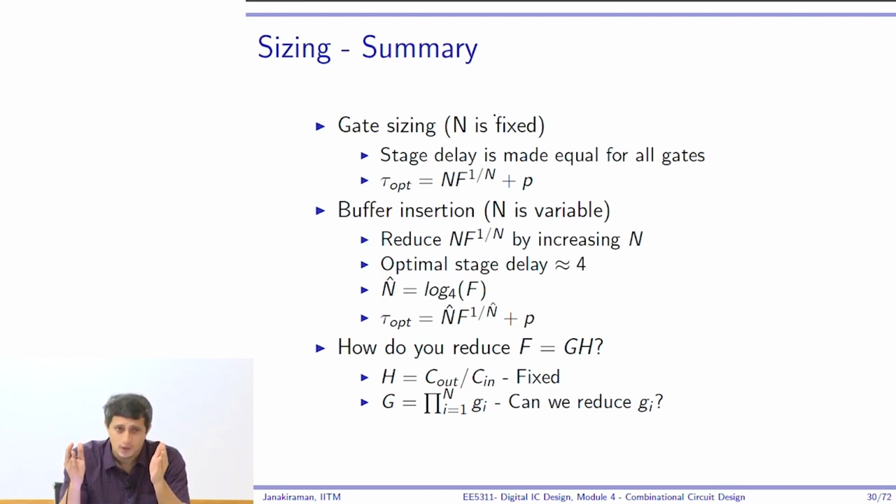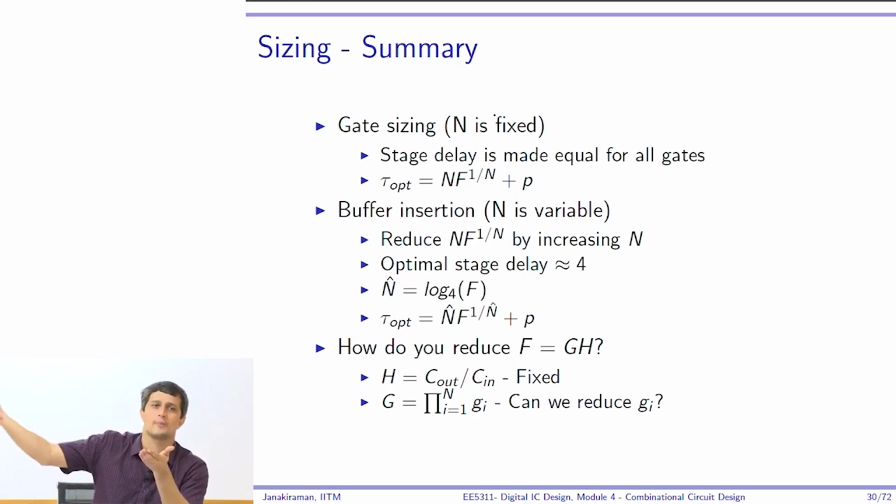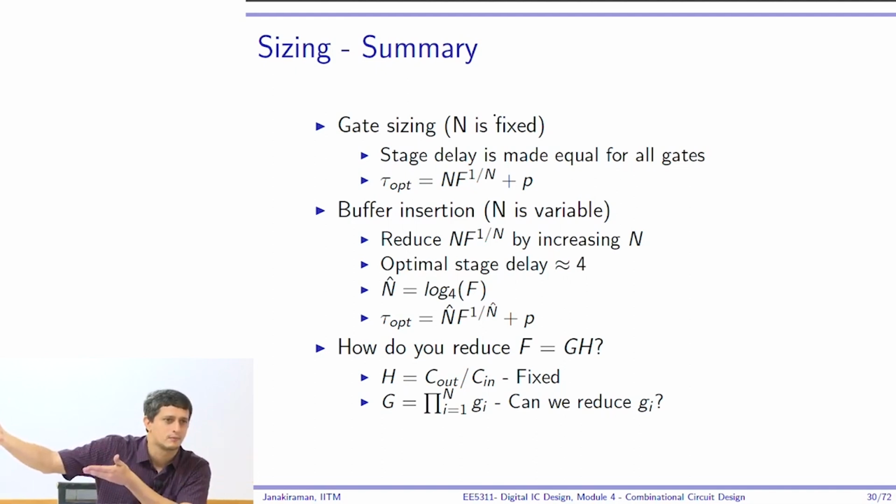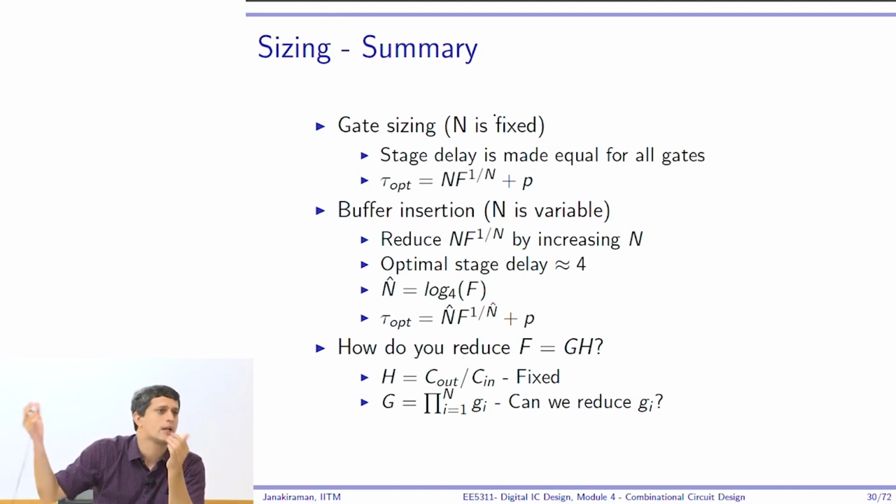Question now is, we have optimized n. We have done all that we could with n. The only thing left for us to tweak is f, if I want to reduce the delay of the path any further. Now, f is G into H. What is H? H is output load capacitance by input capacitance. That is fixed because I have to drive a fixed capacitance. It's a specification coming from outside. I cannot tweak that.